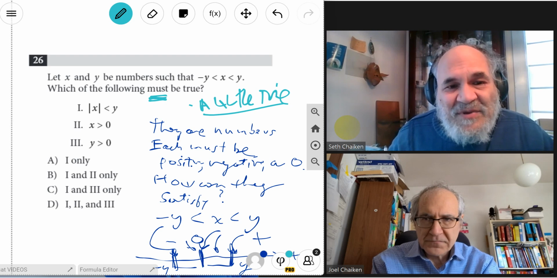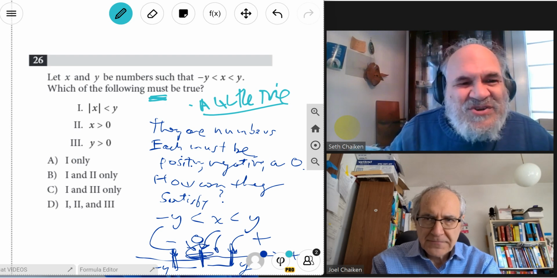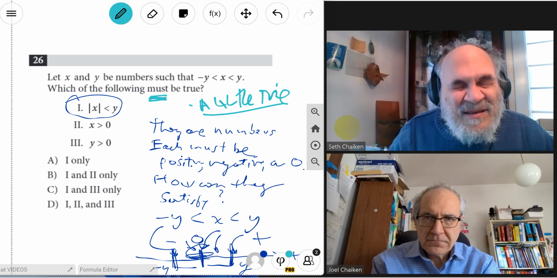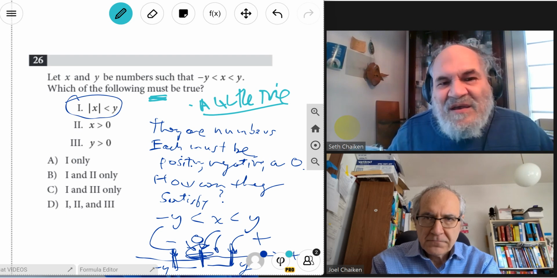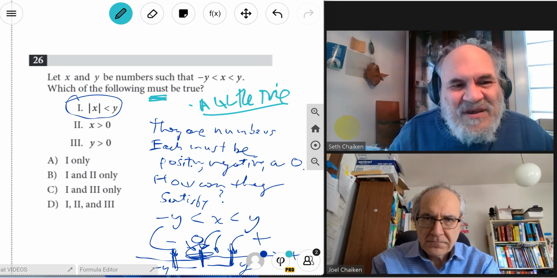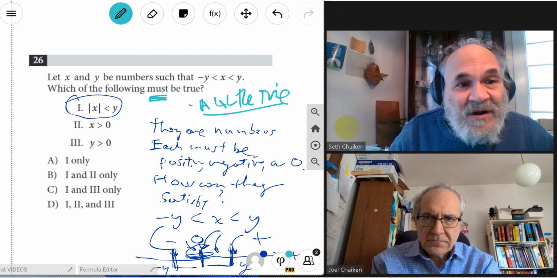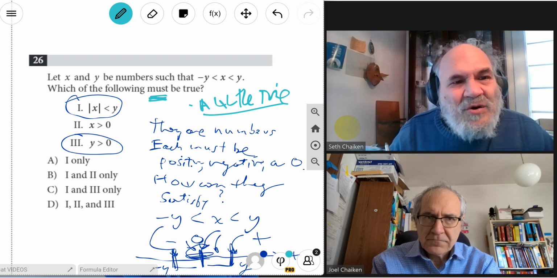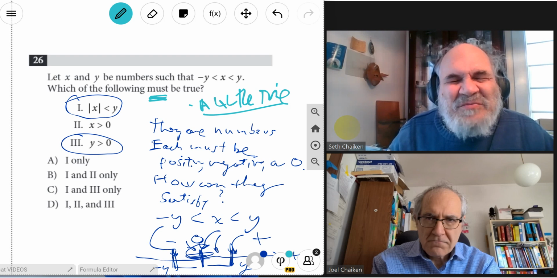So x is in between them, which is the visualization of statement 1. And y by this logic has to be to the right of the origin, greater than zero, and x might be negative, or it might be zero. So it's not true that this must be true. It can be true, but the question is which ones must be true.